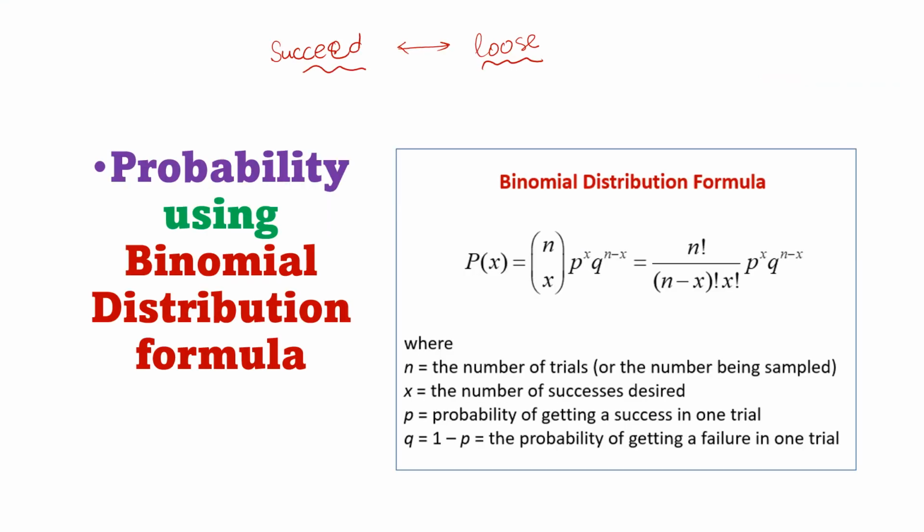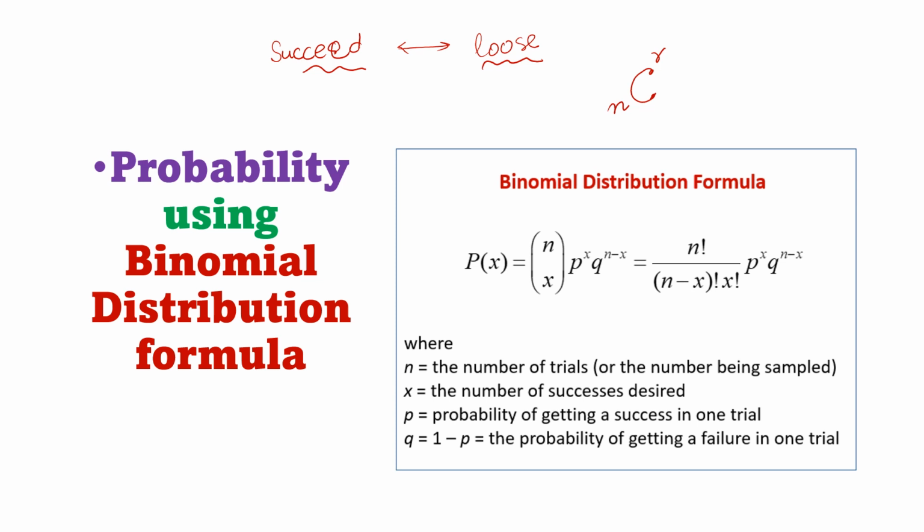Now, the binomial distribution formula, in an easy way you can memorize it in a combination way, meaning you have to select some r outcomes out of the total number n.